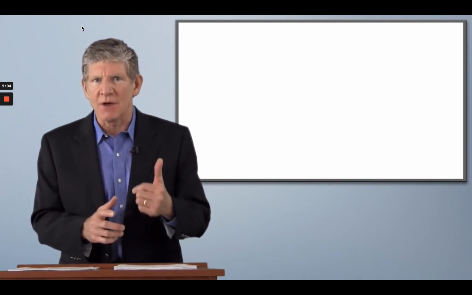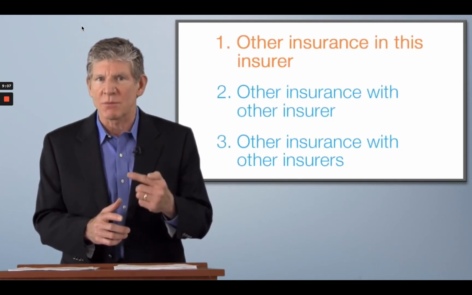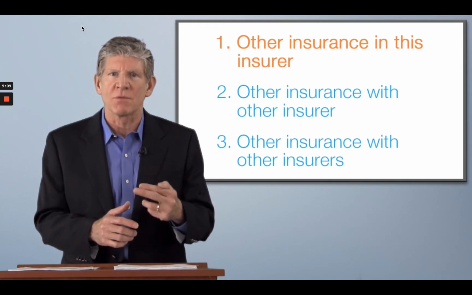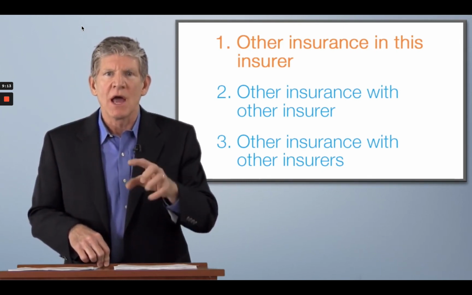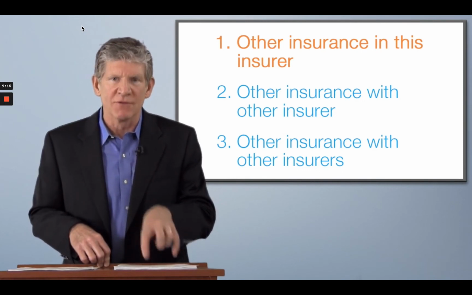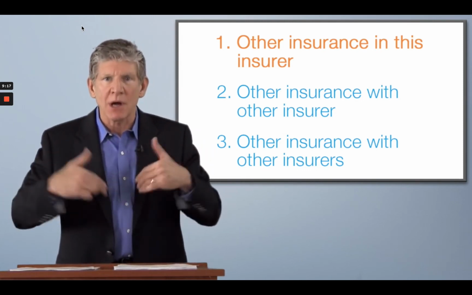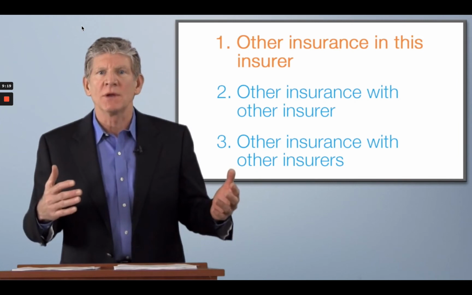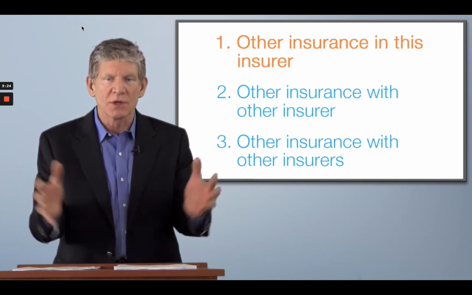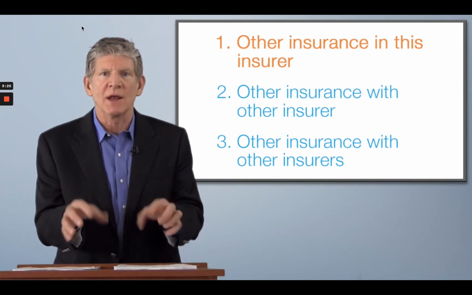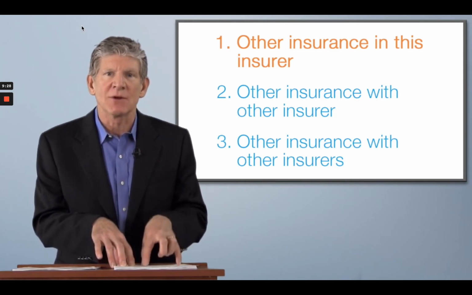First of all, the other insurance in this insurer provision, that's a pretty straightforward provision. That simply says, if you, the policy owner, have more than one policy of this type with our company, then we are going to basically coordinate payments from those 2 policies so that you do not get overinsurance.